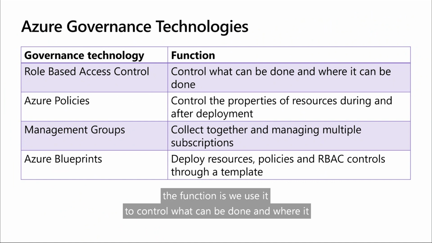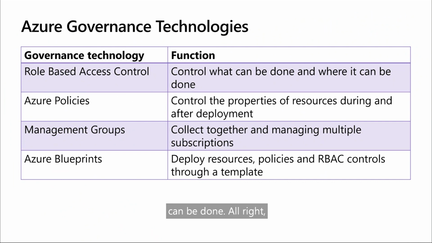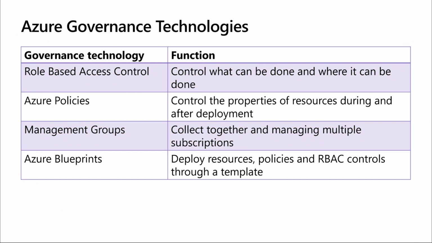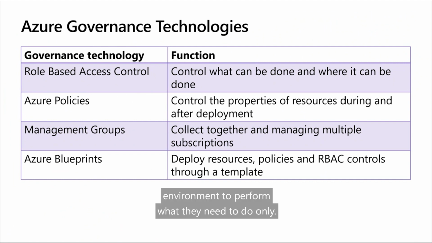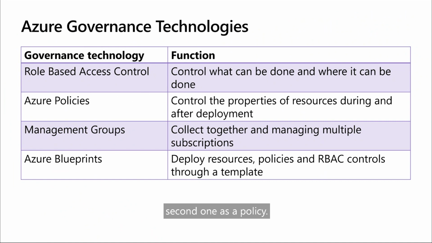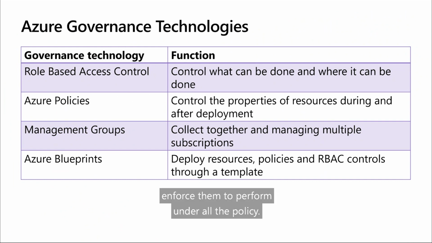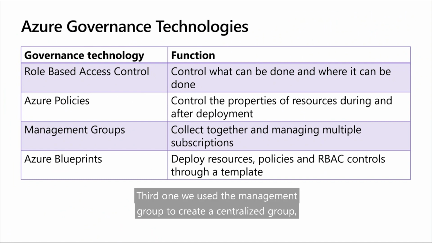All right. We take a look at the technologies. Role-based access control: we use it to control what can be done and where it can be done. We assign the role definition to specific users at a specific scope in the Azure environment to perform only what they need to do. Second one, Azure policy: we use it to control the properties of resources during and after the deployment, to enforce them to perform under all the policies.